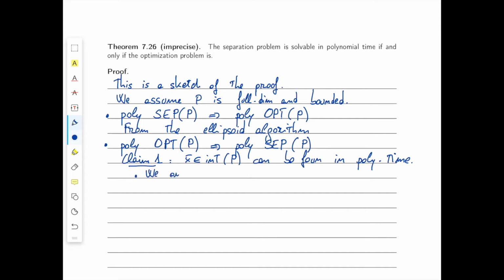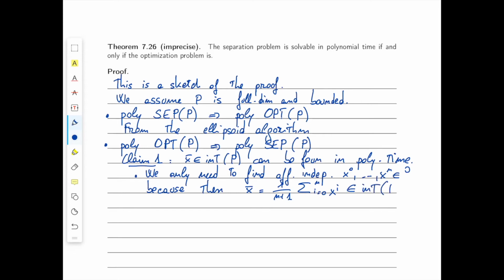We only need to find affinely independent vectors x0 until xn in P, because then x bar equal to 1 over n plus 1 times the sum for i going from 0 to n of xi is in the interior of P.